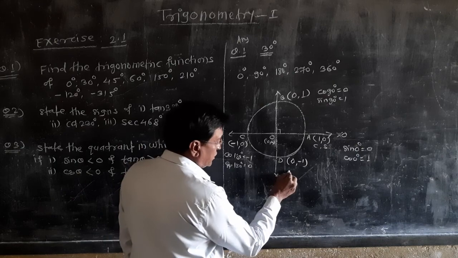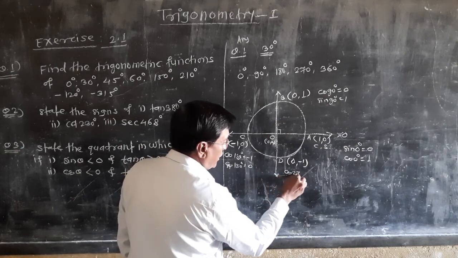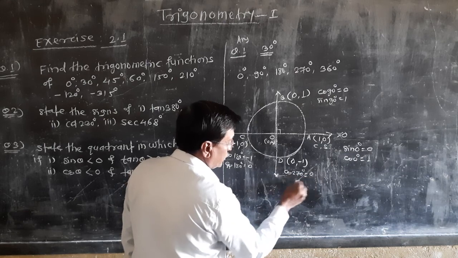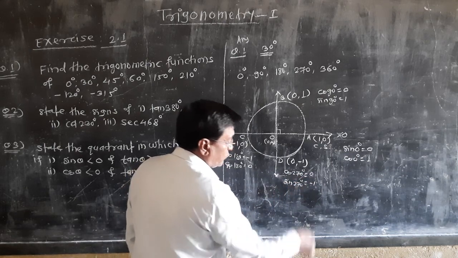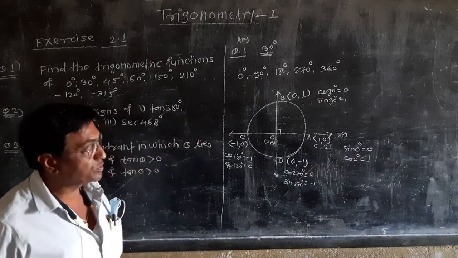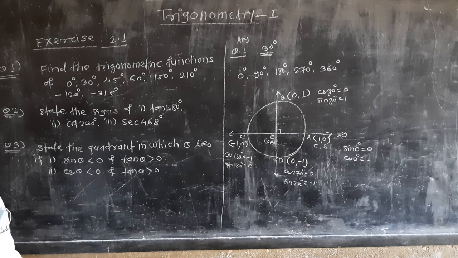Here also 270 degree is the measure of this angle, so cos of 270 degree is equal to 0 and sine of 270 degree is equal to -1. And if we get the value of sine and cos, then you can easily calculate tan is equal to sine theta upon cos theta.